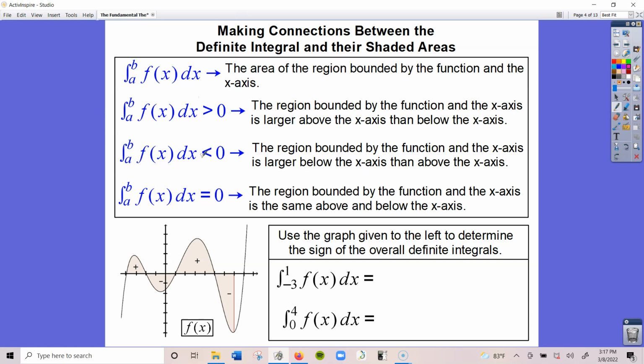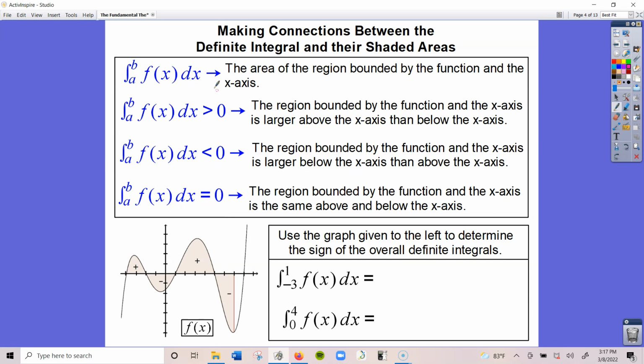Versus if the area that you get is negative, that means that either your area is all below the x-axis or the majority of the area is below the x-axis. And finally, if the area is equal to 0, that means that the area above the x-axis and the area below the x-axis are the same and therefore would cancel each other out.